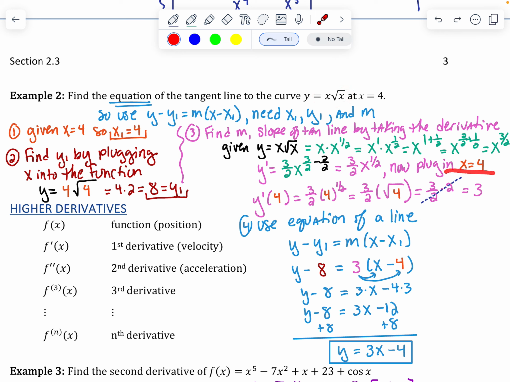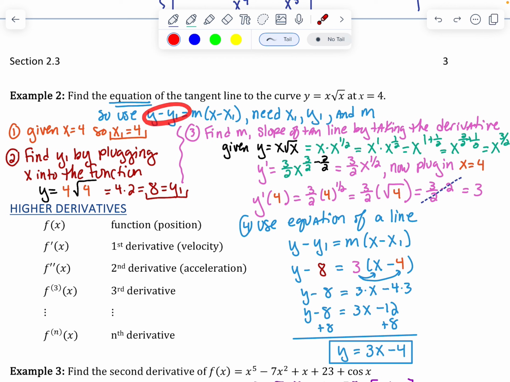I specifically want this when x equals 4. So I'm going to take this generic derivative formula and plug a 4 in for x, which basically means I'm taking the square root of 4, which is 2, and that 2 gets multiplied with the 3/2. So I could have written this as 6/2, but in the end, I could have also canceled the 2's. I need to simplify it down to a 3.